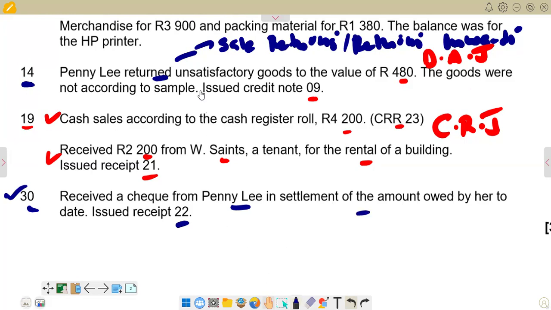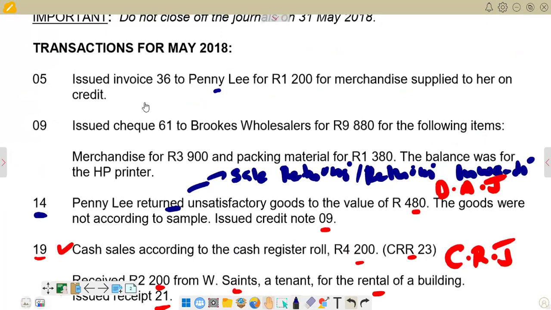So remember, this one is our debtor. If you go up there, you would see that for this person, we originally issued an invoice of 1,200. Let's take note of that, 1,200. And then this person returned some goods along the way on the 14th. Pendley returned goods to the value of 480, which means from this 1,200, we are going to subtract our 480 to get the balance now. So if you subtract there, it means after the returning of goods, the balance was now 720.